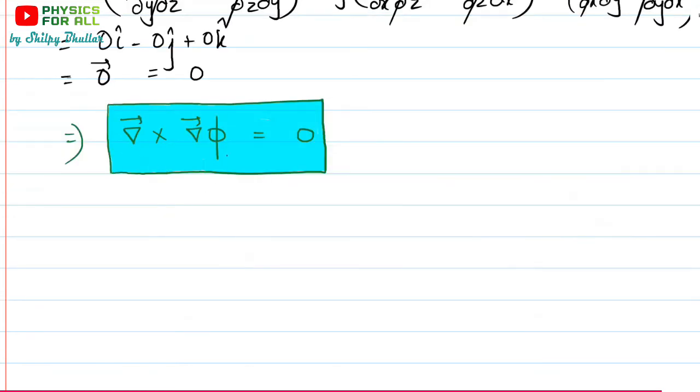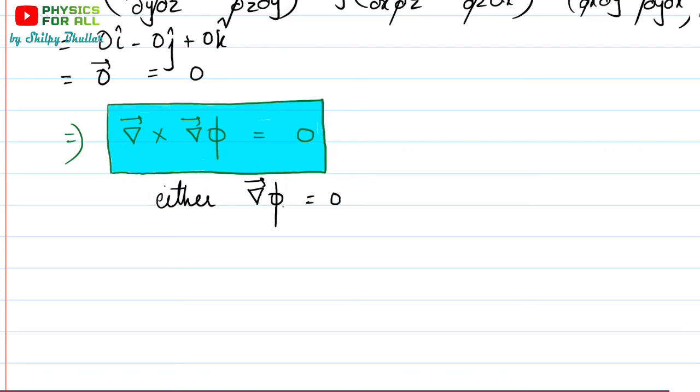Now again we can conclude something from here. This means that either this del phi is 0. And what does this mean? Del phi means gradient of scalar field phi, which gives us greatest rate of increase of the scalar field.